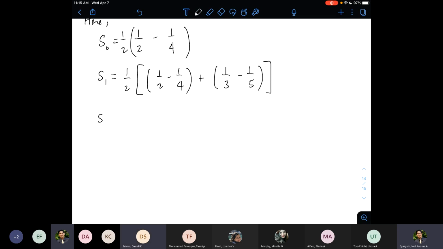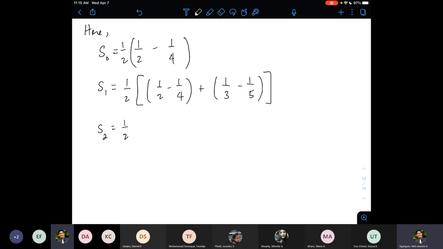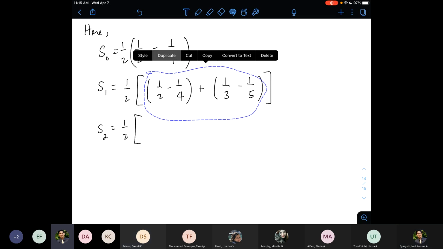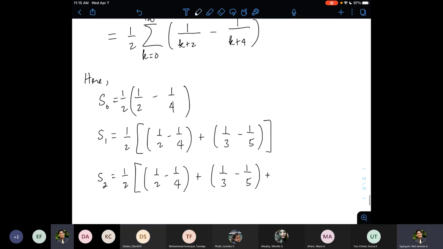I'll take S2, which is basically 1/2 times the sum of the first two terms, plus the thing I'll get when I plug in k equals 2.